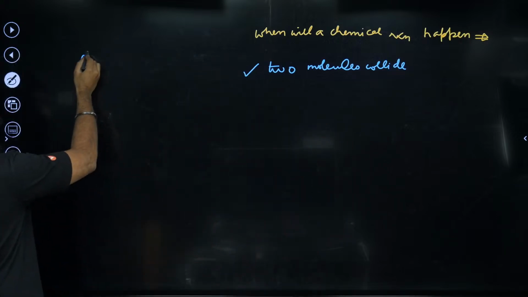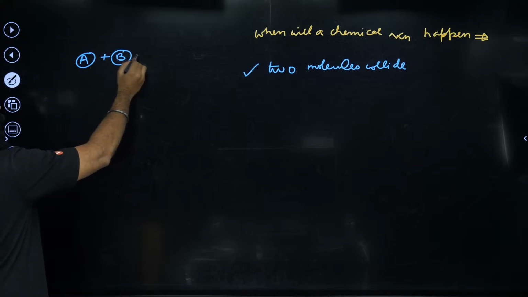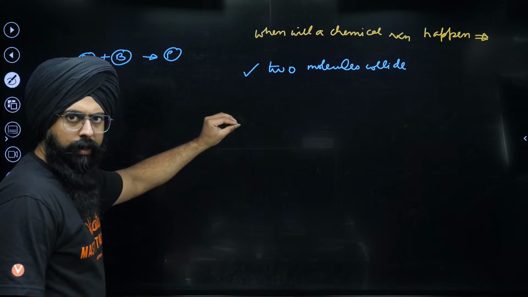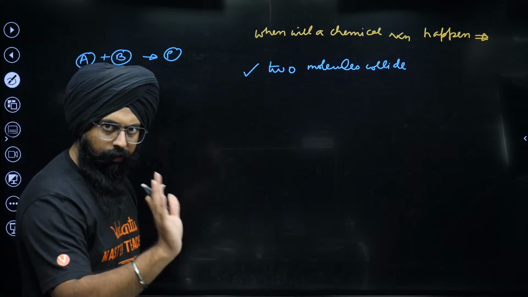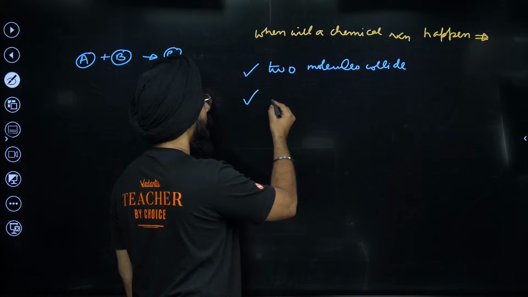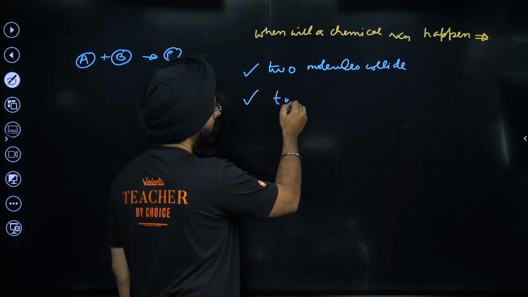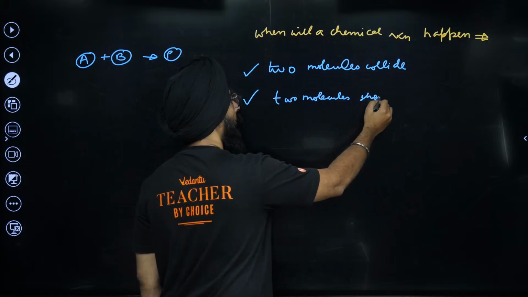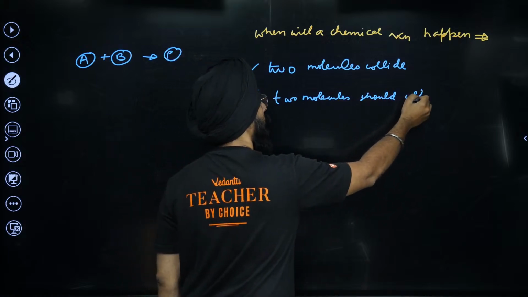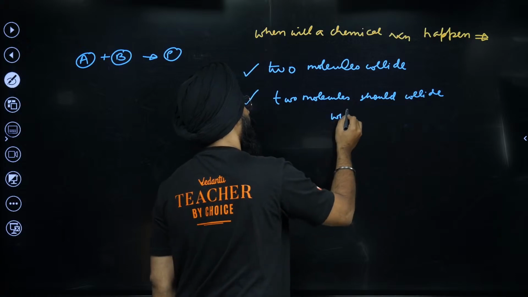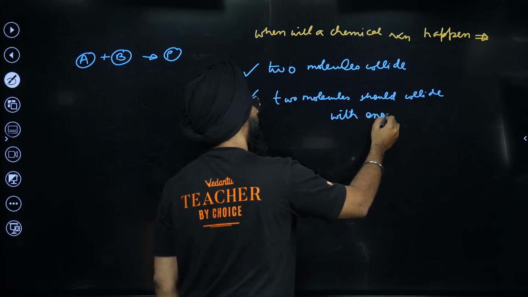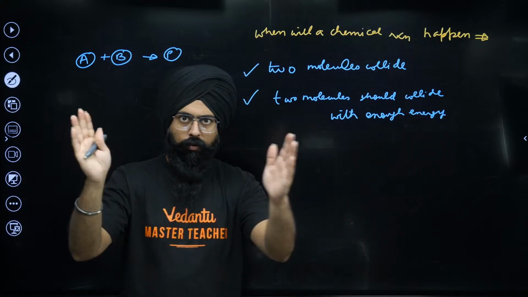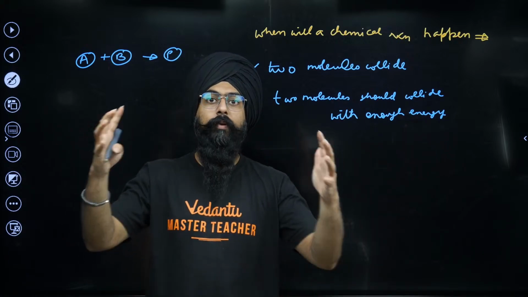So we have molecule A plus molecule B going towards a product P. So assuming it's a bimolecular reaction, when these two molecules collide, first of all that, then the second thing is that the two molecules should collide with enough energy.